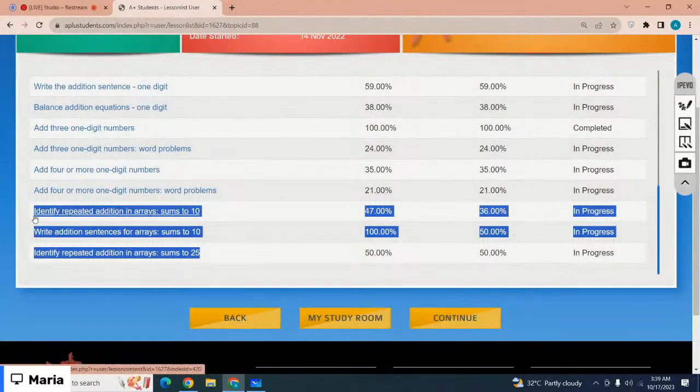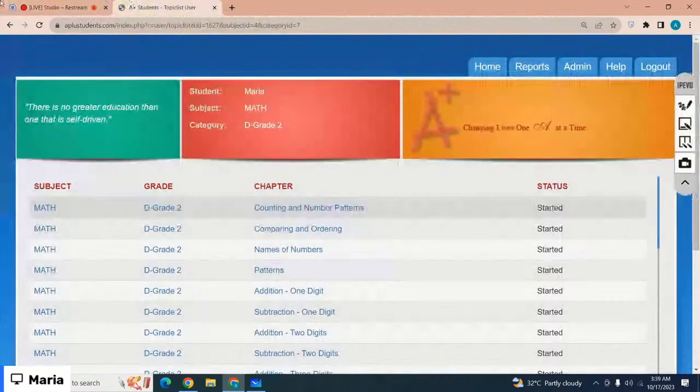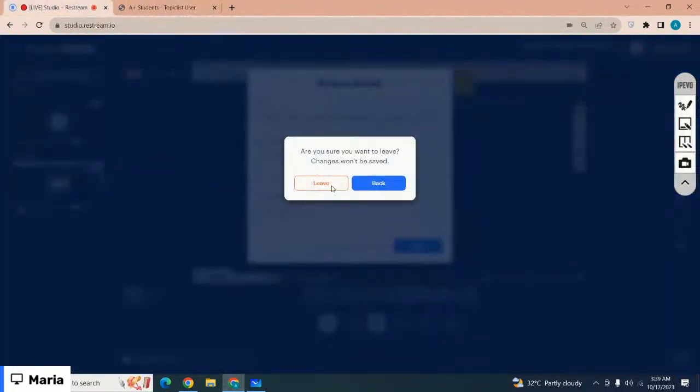Write addition sentences for arrays sum to 10 and identify repeated additions in arrays sum to 25. Then we have started the new chapter, that is subtraction 1 digit, and we have covered one lesson from the chapter.